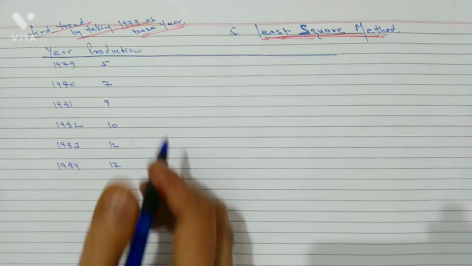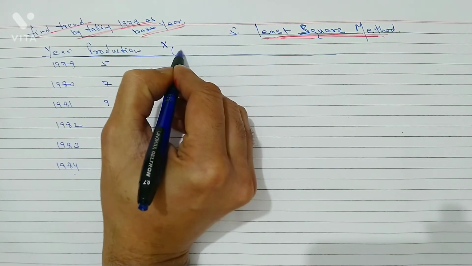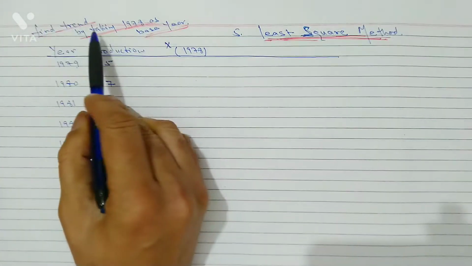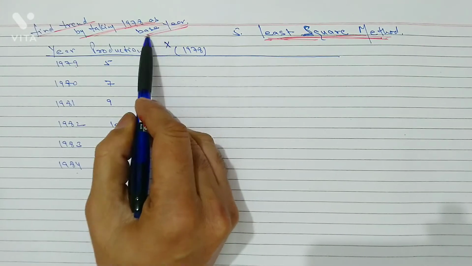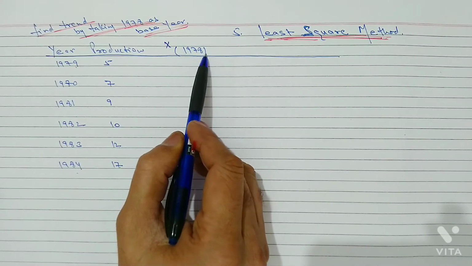First find X. X is the deviation from 1978. Means the question is by taking 1978 as a base year. Therefore, first calculate X, the deviation from 1978.